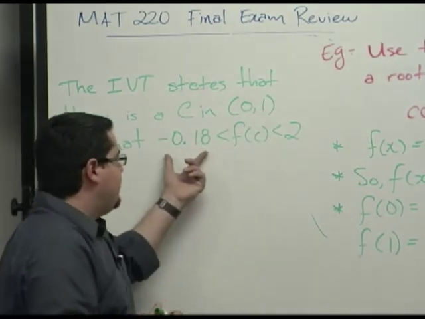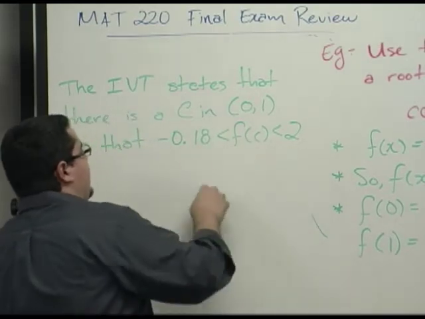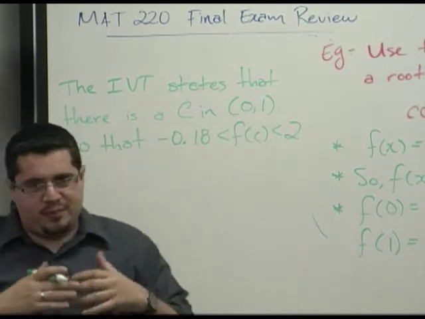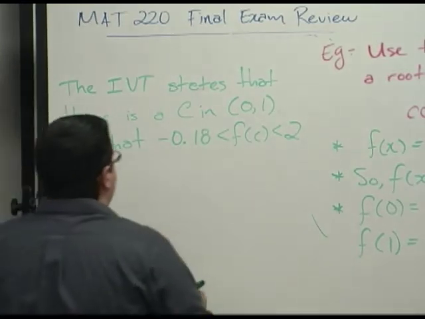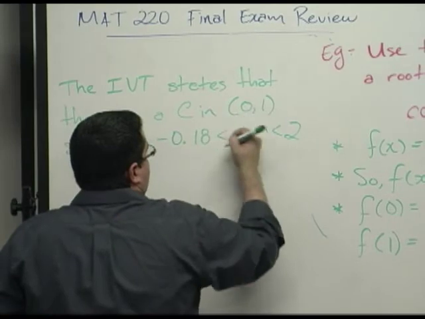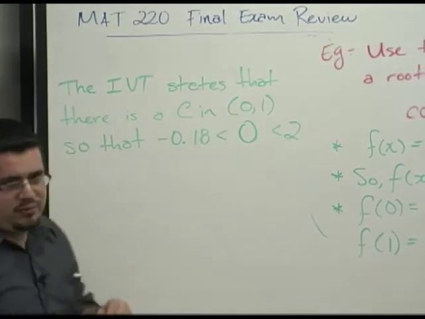Now, here we have a negative number and a positive number. So what this is actually saying is that we have some value of c in between 0 to 1, so that f of c being 0, the root, is in between those two values.